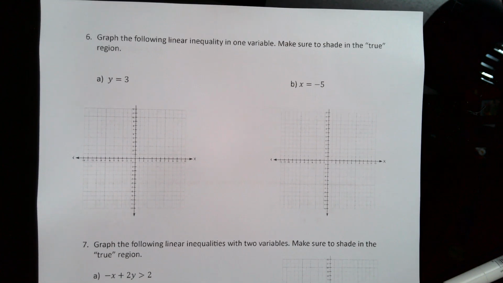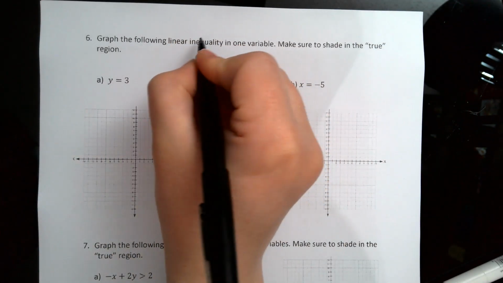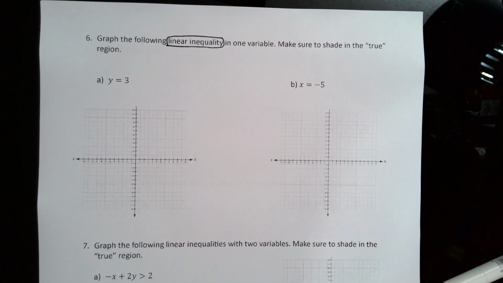Next one, we are graphing the one variable equation. We know this is an equation because we are, oh, there's a typo in here. So it says graph the following linear inequality. Okay, I gave you an equals. Let's go ahead and fix that, please.